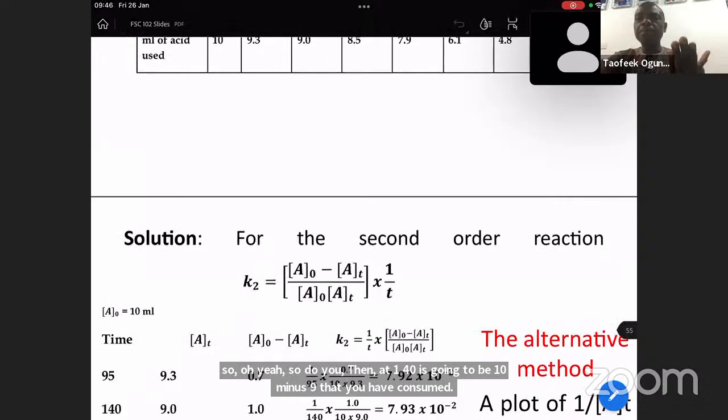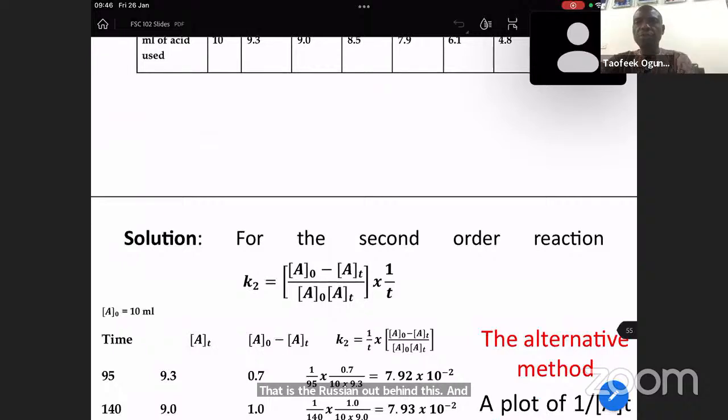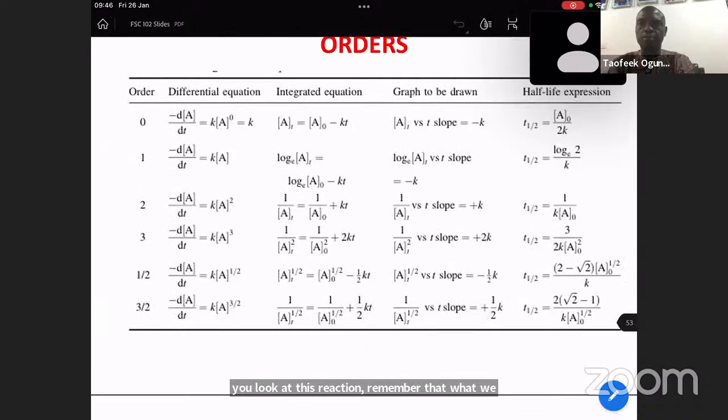And that is why, if you now look at this reaction, remember what we said: the equation for second order has the reciprocal of the concentration at any time t.